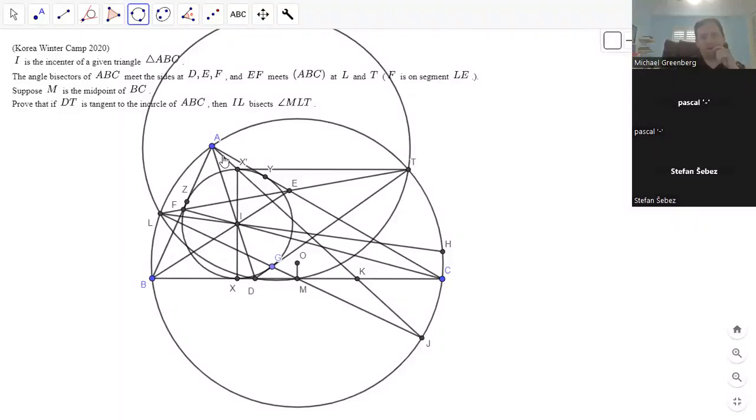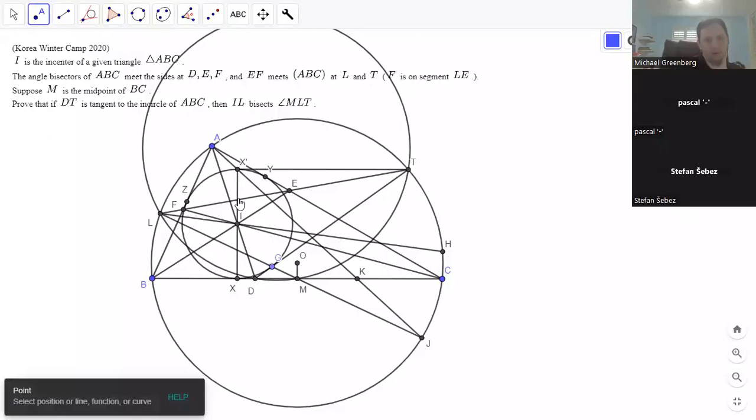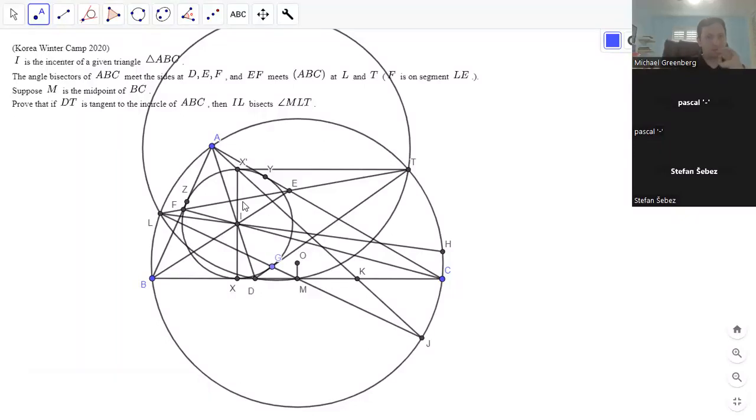And 90 minus XDA is actually just XID. And this is also AIX prime. Yes. And I'm kind of assuming that TX prime is tangent. And it looks true, and I'm kind of trying to solve the problem assuming that. And then we can try showing that TX prime is tangent.